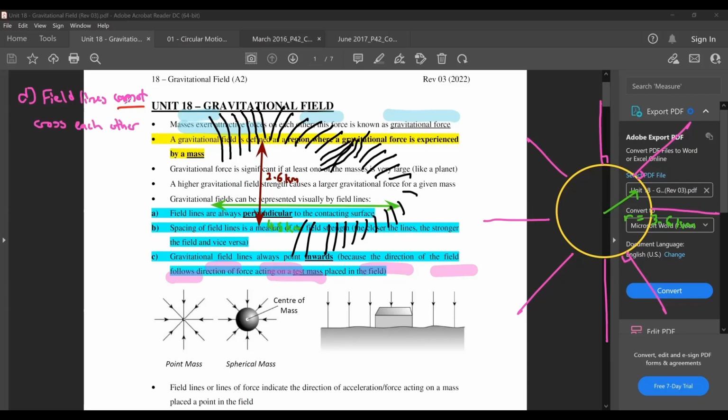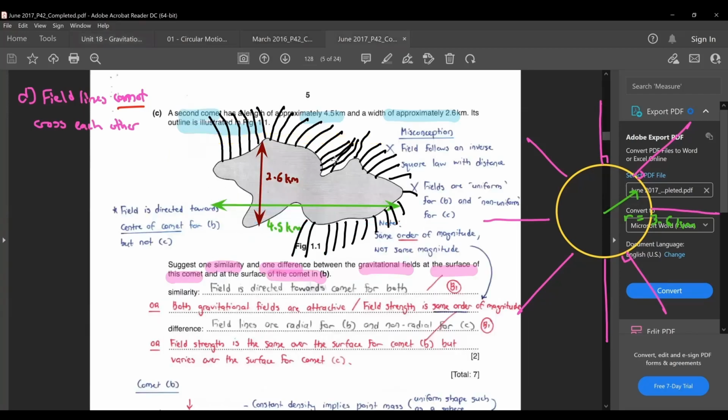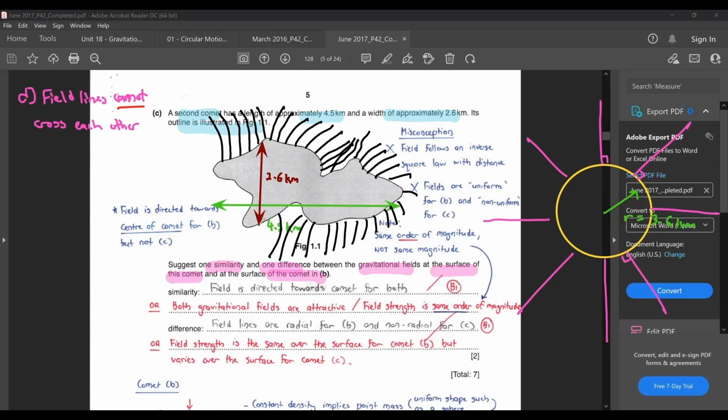So in your case here, you'll notice that I try not to cross the lines, right? So the actual way of drawing the field lines is to ensure that they don't cross each other. Just draw something simply, all right? You don't need to draw so many lines, just draw some lines would do.